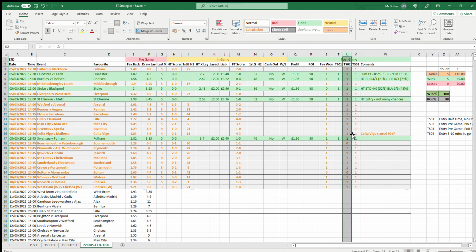I can work 2 out because for these 2 that failed to win, I know what the liability was. For this game here, Bournemouth Peterborough, for example, the draw was 6.6. So if we'd put £2 on that pre-game, which is trading strategy 2 pre-game, that would have been £13.20 minus the £2 stake.